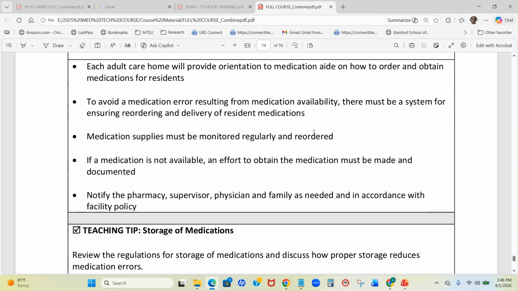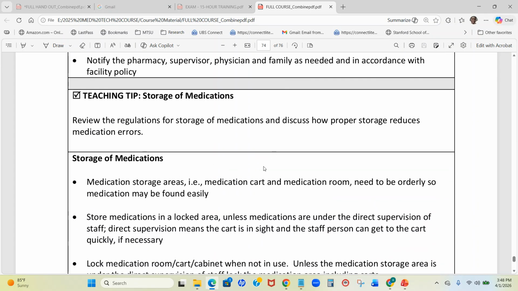If a medicine is not available, an effort to obtain the medicine must be made and must be documented. Notify the pharmacy, the supervisor, and if you are the supervisor in charge, notify your administrator. Let the doctor know. The family has to be aware as soon as possible so they can get things done. Go according to the facility policy. Don't bypass protocol. It's very important.